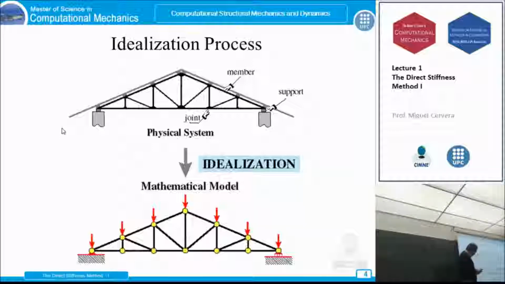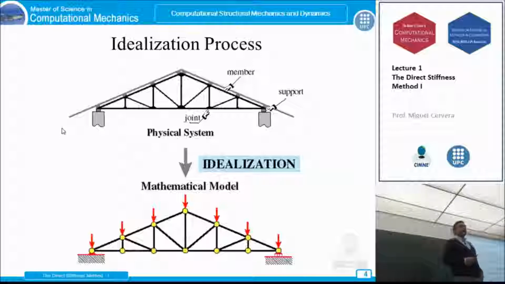For instance, we have decided to make this point fixed and to put a roller here. Well, in the real system, these and these are exactly identical. So why are we making them different? And in particular, why are we making the mathematical model like this?